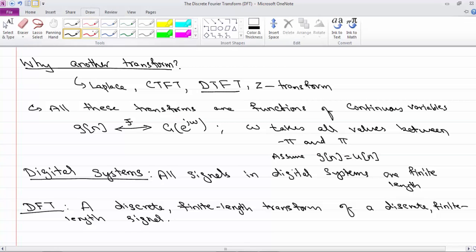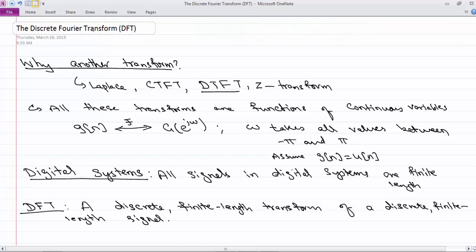So keep the DTFT in mind, and let's talk about how what I just wrote is different from DTFT. So a DTFT can be used to find the transform of a discrete finite length signal. That is common to both. But what is different is that DTFT is a continuous transform. It's a function of a continuous variable little omega. You write G of e to the j omega, little omega goes from minus infinity to infinity.